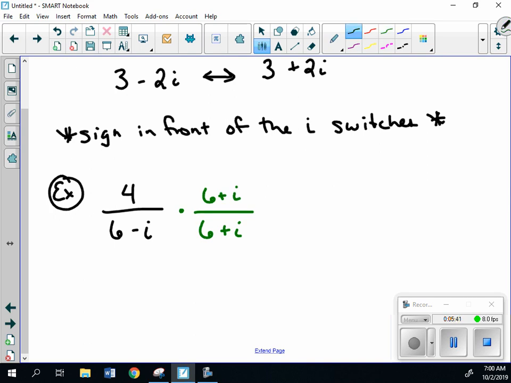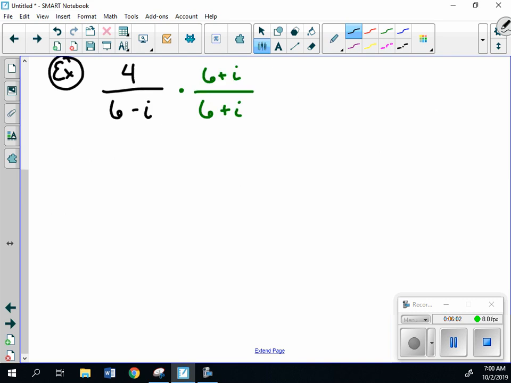Why can I just do that? I can do that because I have that 6 plus i over 6 plus i. That's the same thing as 1 over 1. So in mathematics, that's not saying that we're changing anything because we're multiplying by 1, realistically.